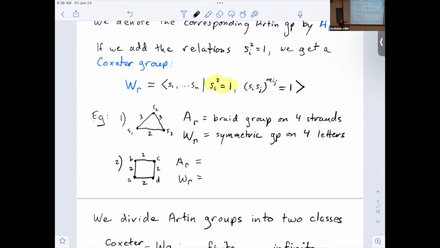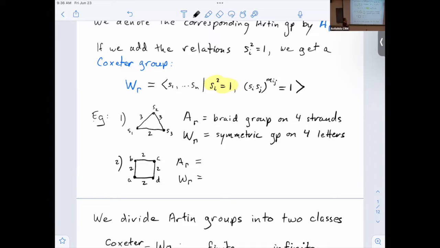That turns out to be the braid group on four strands, where Si crosses the ith strand over the (i+1)st strand. If we add the Si squared relation and turn it into a Coxeter group, what we get is just the symmetric group on 4 letters.